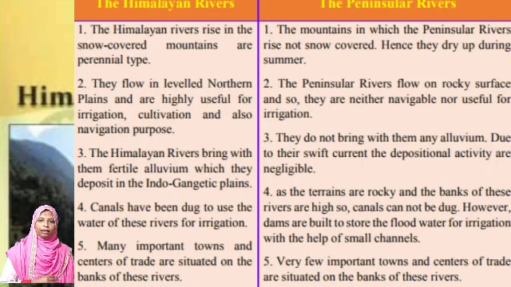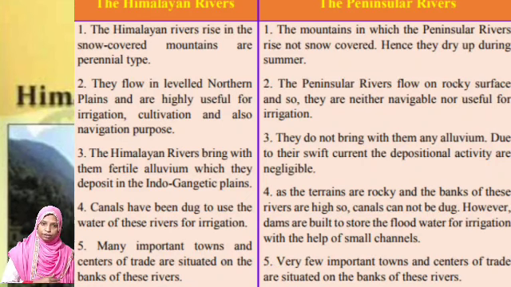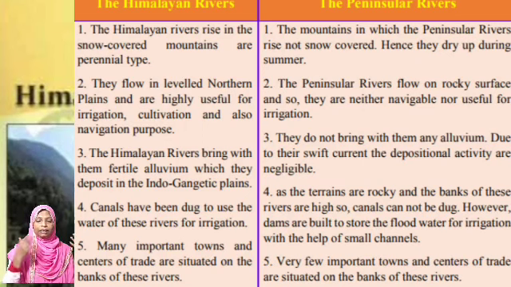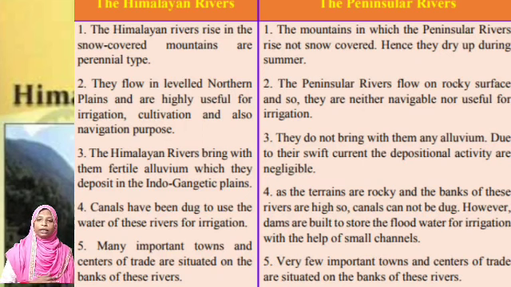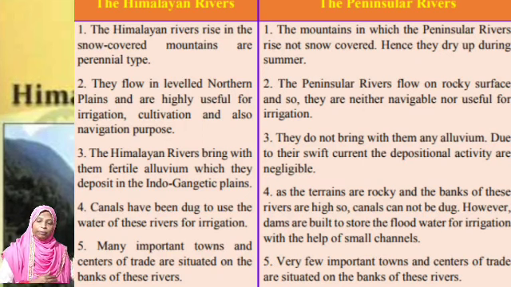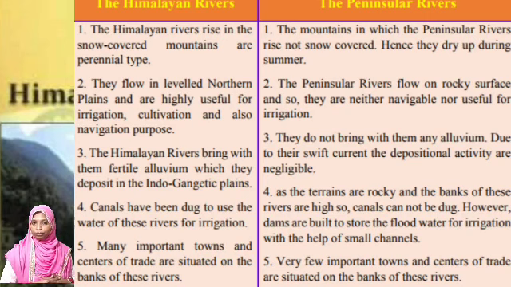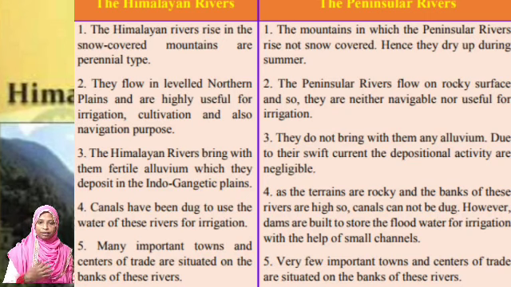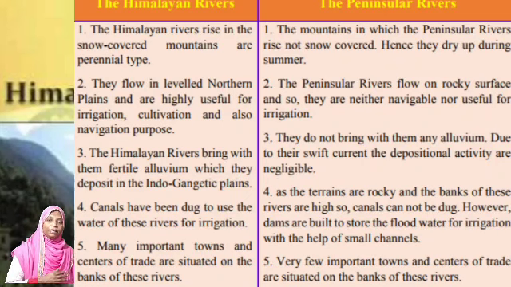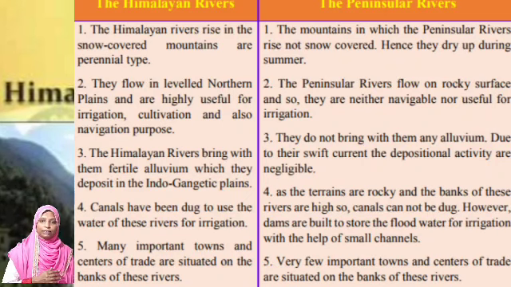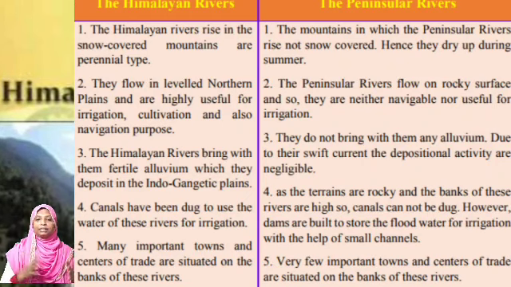Himalayan rivers get water either from rain or from melting snow, so they always have water throughout the year. The majority of peninsular rivers are seasonal because many of them get water only during the rainy season. As there are no snow localities in the southern or central side of India, peninsular rivers carry water only throughout the rainy season.